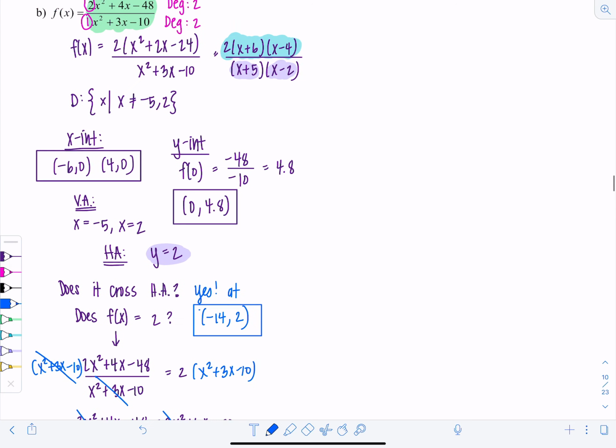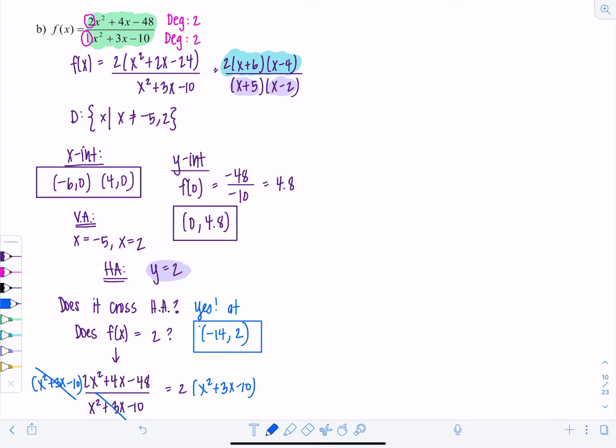So let's go back up here, put our axes down, and we have to go all the way to at least negative 14. So I'm going to scale by 5s on the x-axis and a little more in the negative direction. So plan ahead before you start graphing so it works out for you. Okay, so we're going to say this is 5, 10.